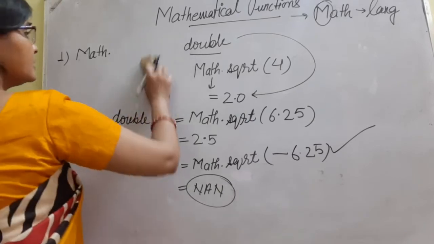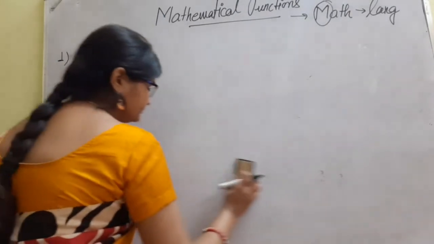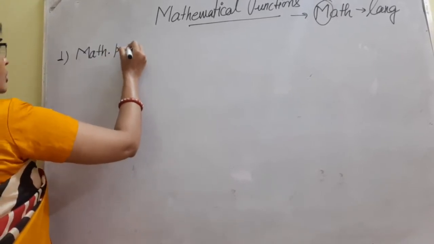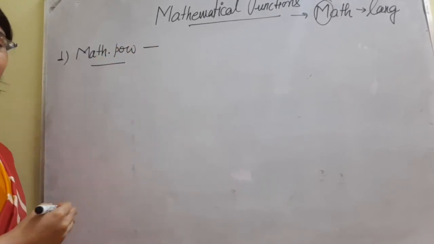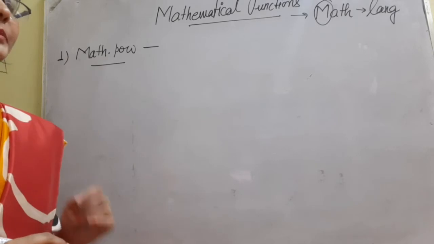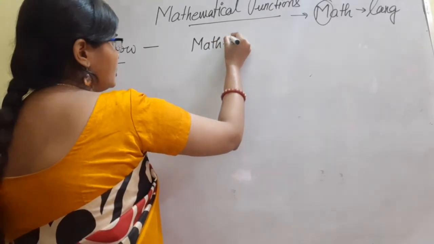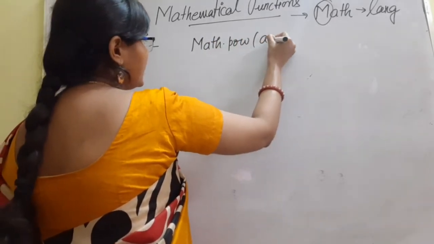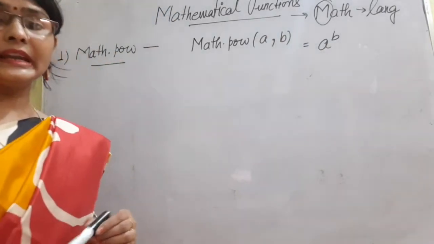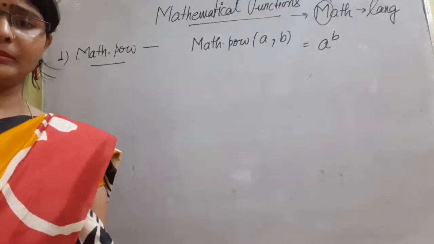The second and very important function is Math.pow. Actually it is power, but we write pow only. Okay? The Math.pow syntax is Math.pow(a, b), meaning a to the power b. So Math.pow will always give you the power of any given number.